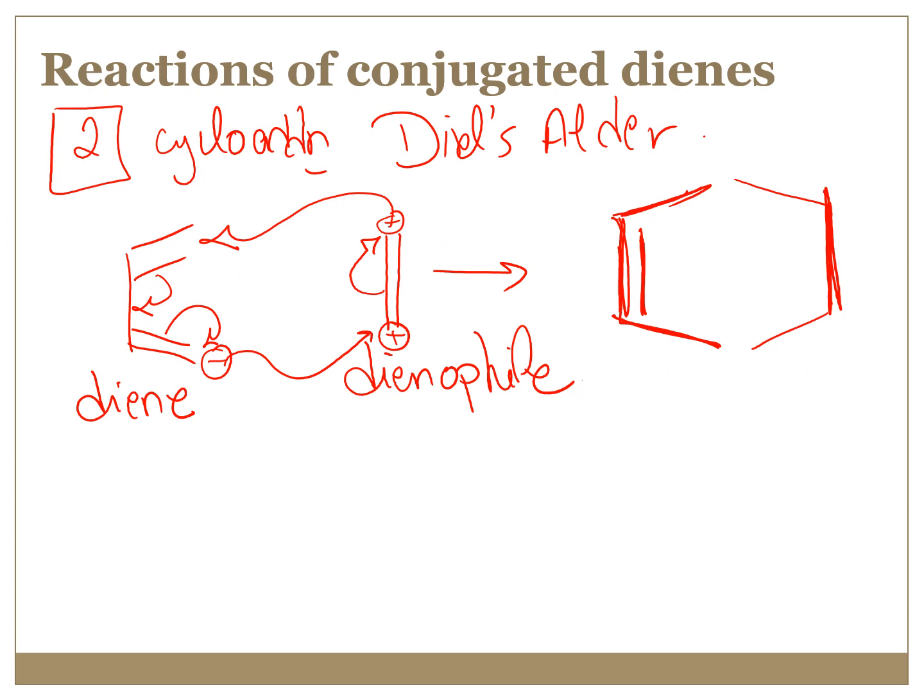To facilitate such a reaction, you can add an electron withdrawing group to your dienophile.